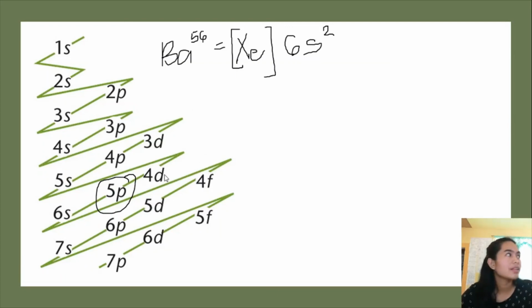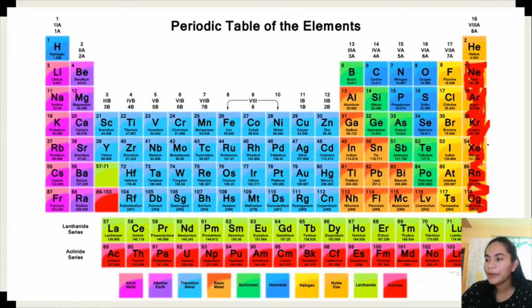Okay, we're going to look at our periodic table again. We're going to identify radon as our basis. So here it is, radon. And let's locate thorium. So here, thorium is here. Radon is here, the 86th element in your periodic table.